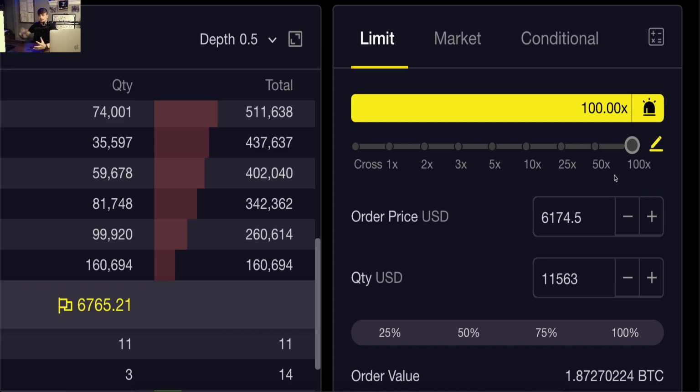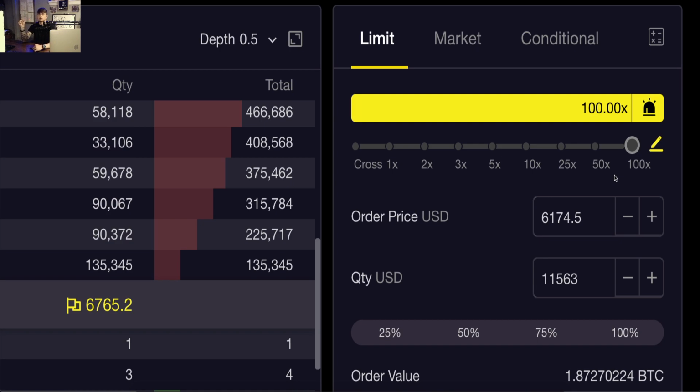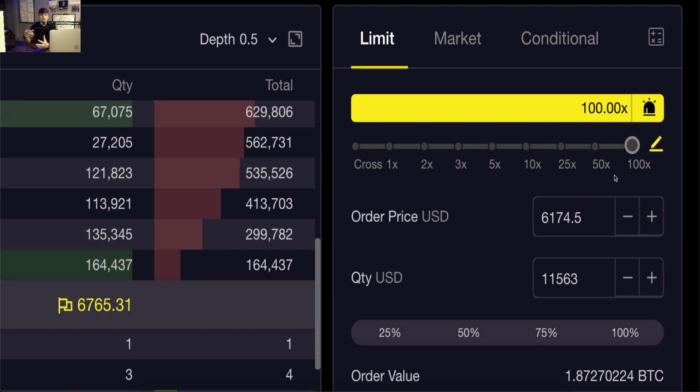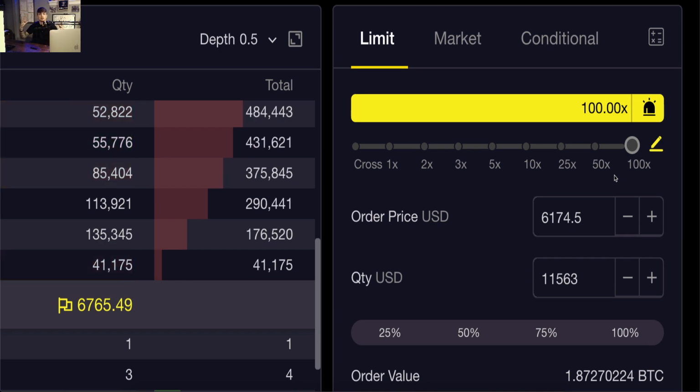So now when Bitcoin goes up $700, you're no longer making $700. If you have a 100x trade opened and Bitcoin goes up $700, you're going to have 7 Bitcoin at the end of the trade when you close it. That's what leverage gives you the potential to do.